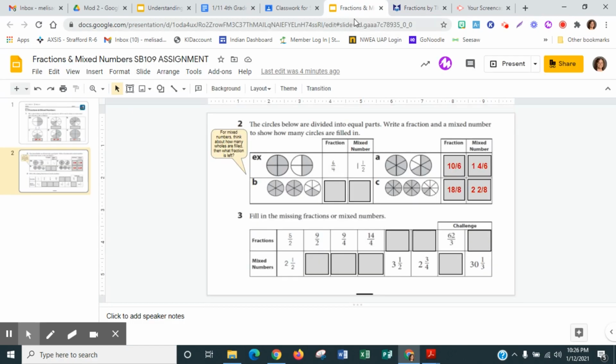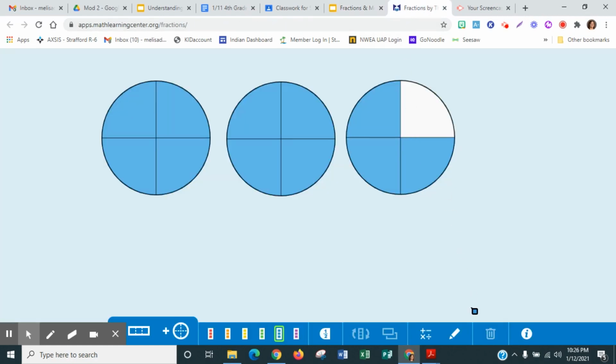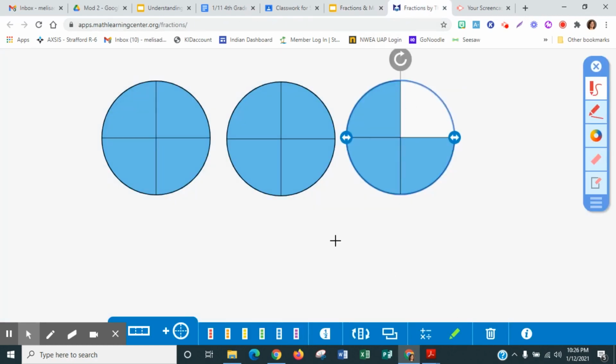No, 2 1/2. What? 2 3/4. Yes, yes, yes. So now you're counting how many fourths are there? 1, 2, 3, 4, 5, 6, 7, 8, 9, 10, 11. So our improper fraction would be 11/4.